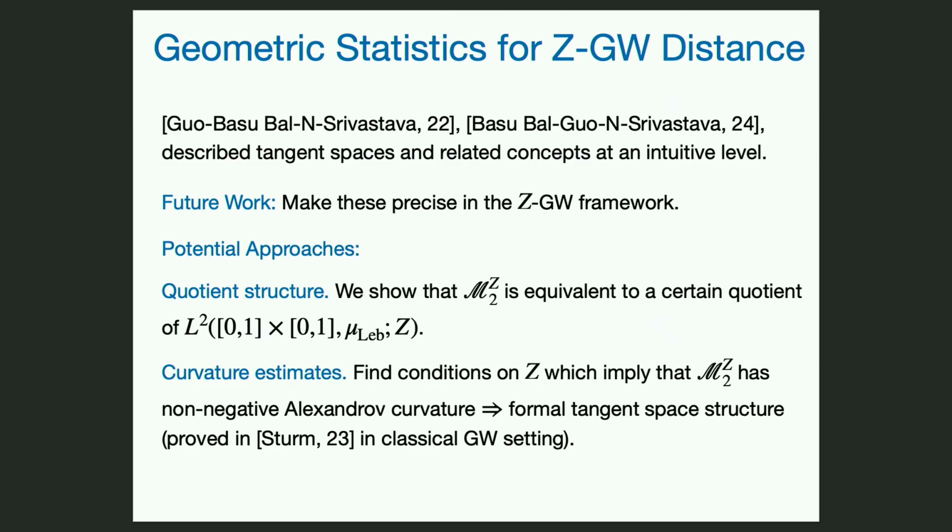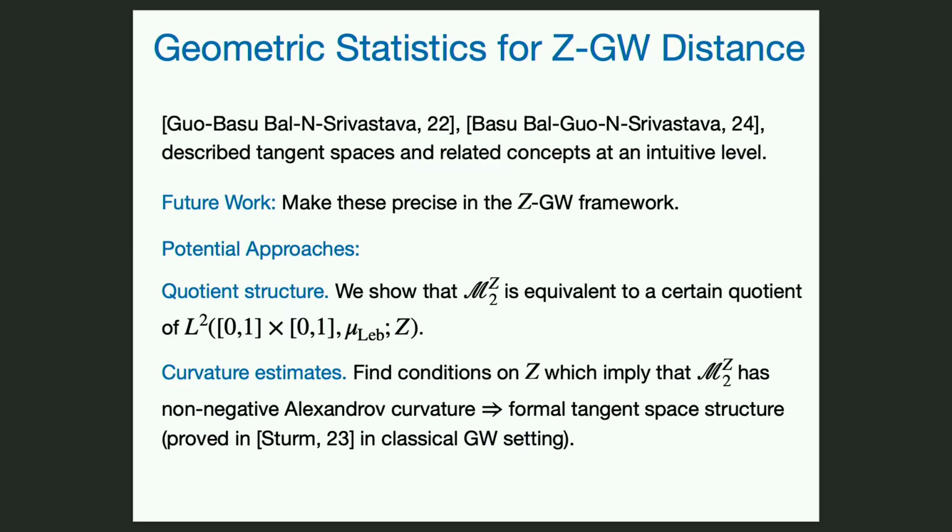Another approach would be to do it through curvature estimates. Let me refer to the Sturm paper. In the classical Gromov-Wasserstein setting, where Z equals R, Sturm showed that the Gromov-Wasserstein space has non-negative Alexandrov curvature. You can talk about curvature in a metric space by looking at comparison triangles, for example.